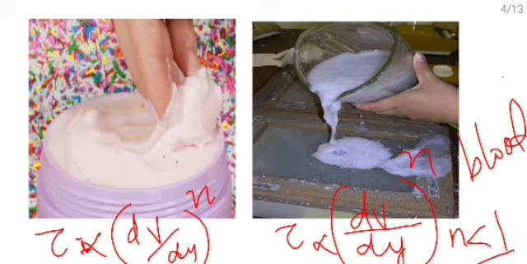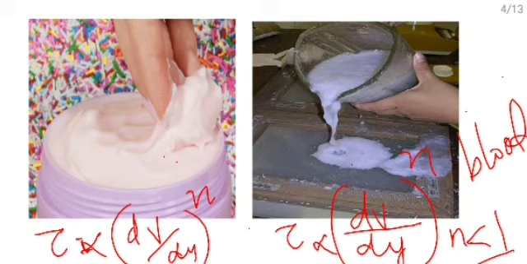A greater shear stress is required for causing a smaller change in the velocity gradient when we move downwards. Other examples include blood, suspension, paint, rubber. They require greater shear stress.